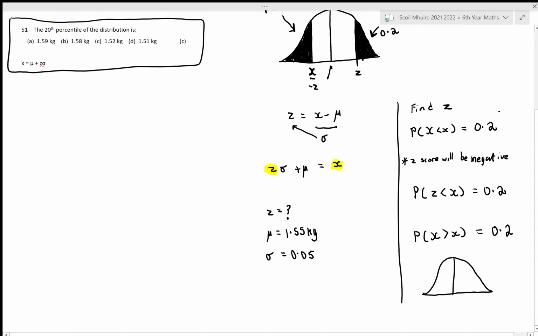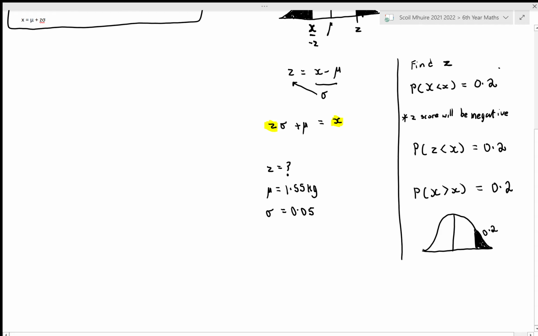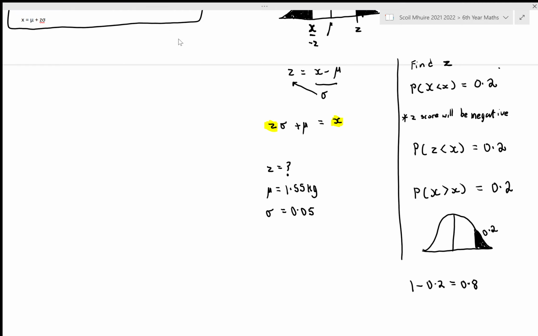If this area represents 0.2, then 1 minus 0.2, the remainder of the area under the curve, is 0.8.